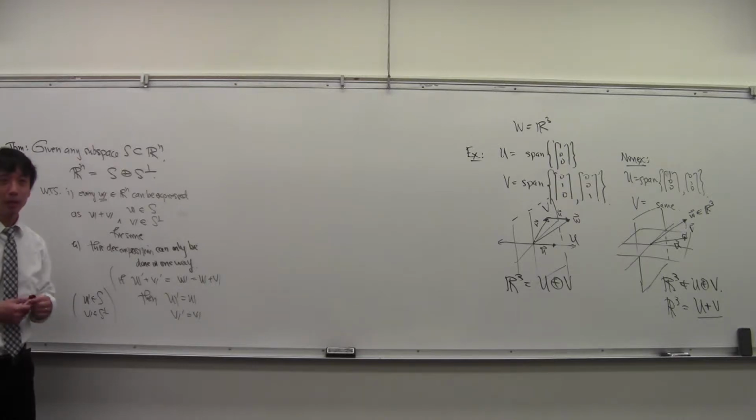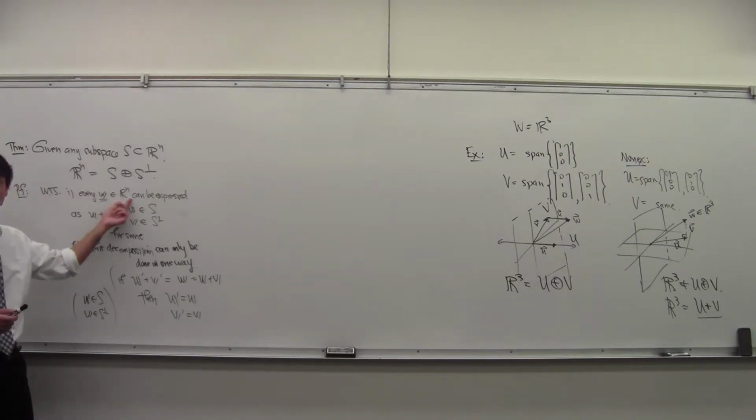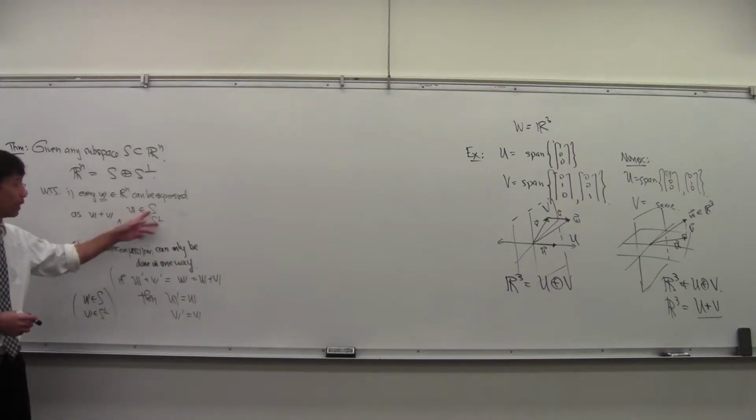You can probably explain to me why is that true. Why is it true that if you have something in Rn, it can be expressed as something in S plus something in S perp? You know certain facts about S and S perp.